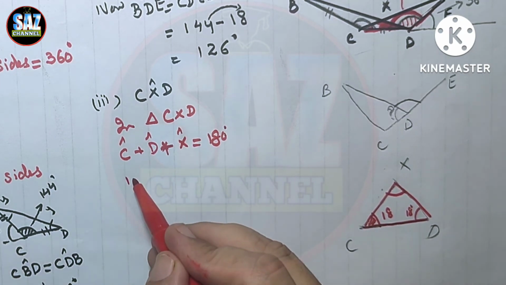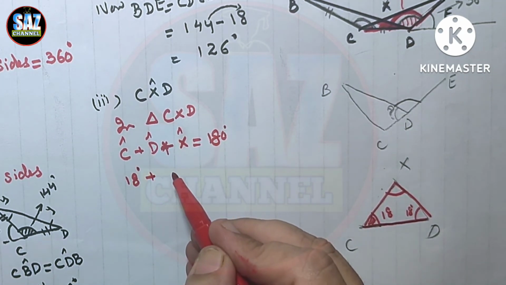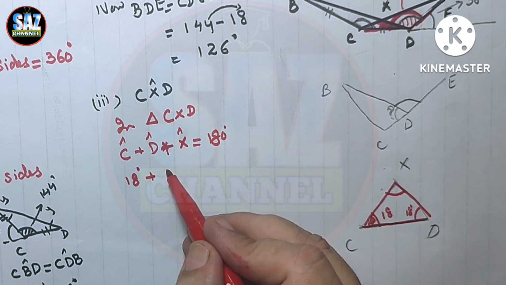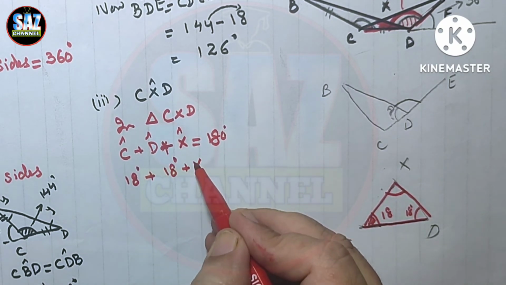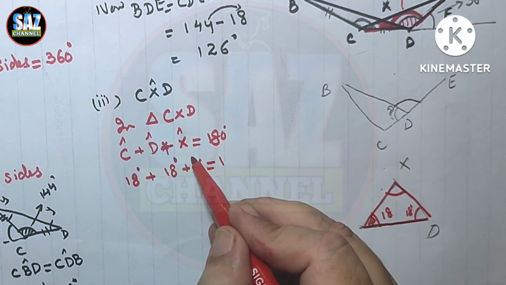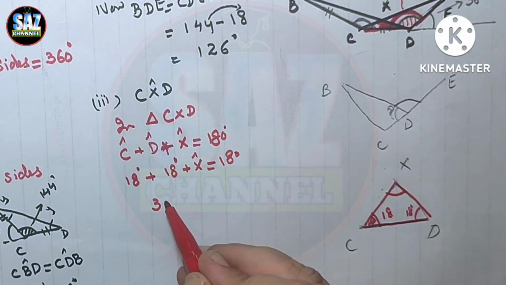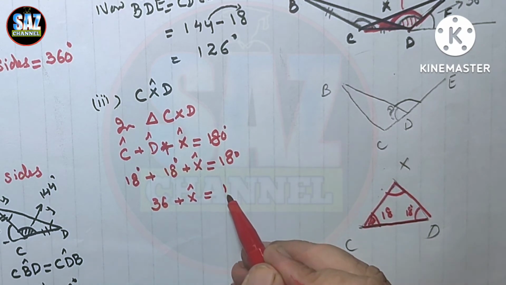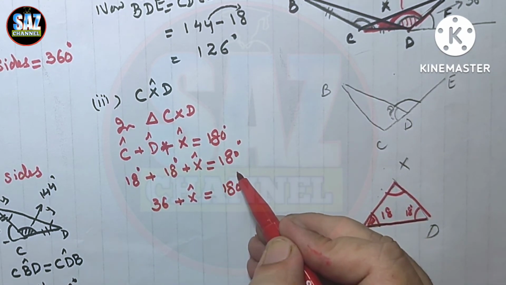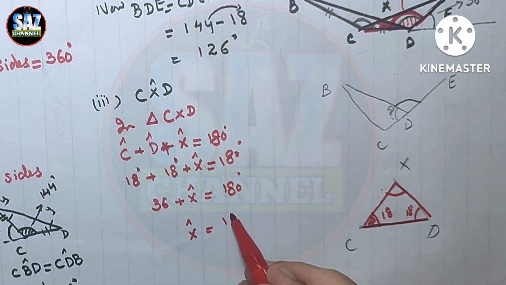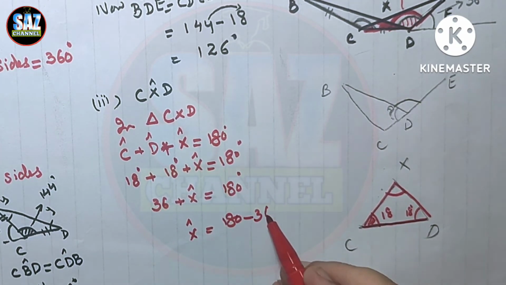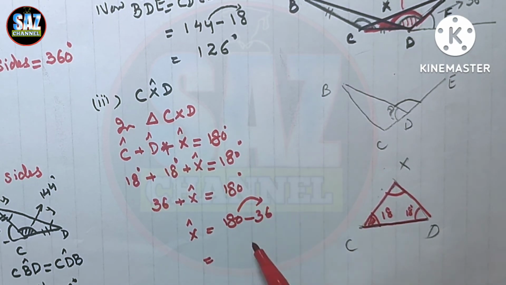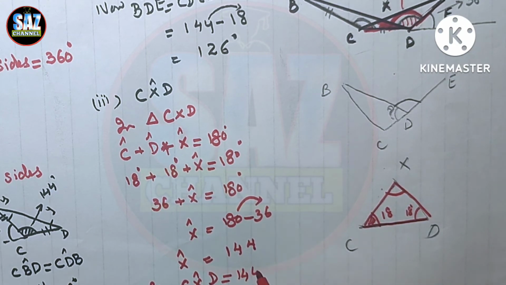Angle C is of measure 18 degrees, D again is 18 degrees, and X we do not know, equals 180 degrees. This gives me 36 plus X equals 180 degrees, so X equals 180 minus 36, which is 144 degrees. So CXD equals 144 degrees.